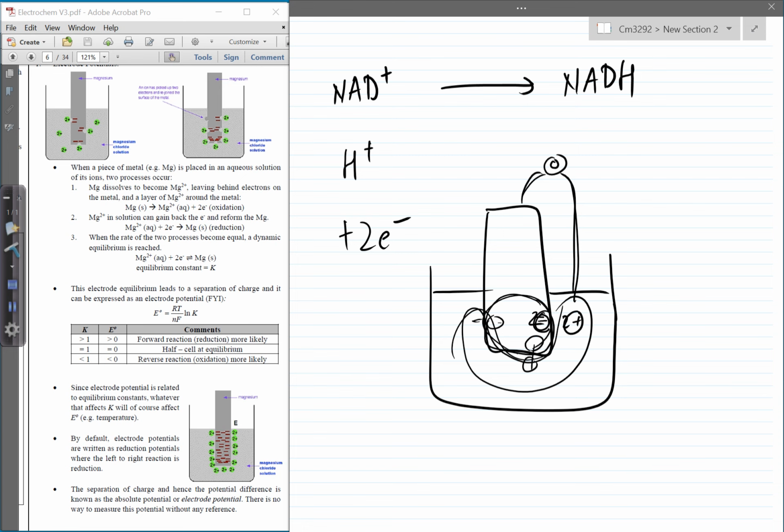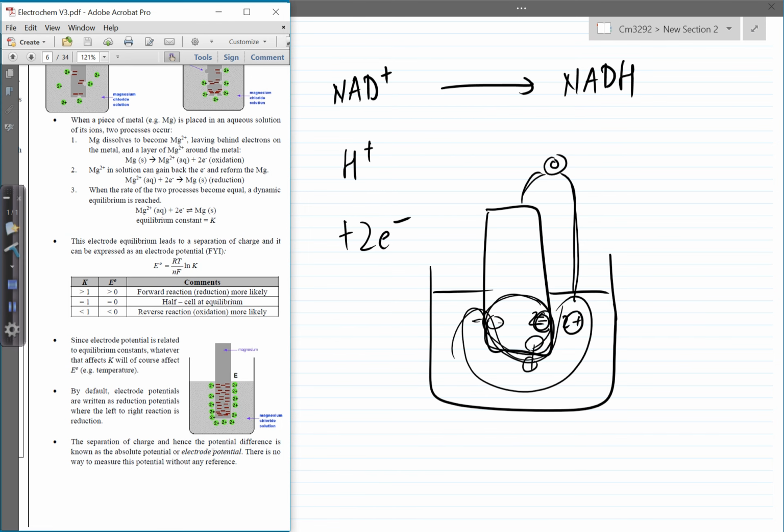E equals RT over nF times ln K. R is your 8.314, T is temperature, n is the number of electrons, and F is Faraday's constant. This is just for info. Later on, we will see why this is a useful representation. So as long as you have an equilibrium constant, you can calculate the E, basically. This is what it's trying to say.